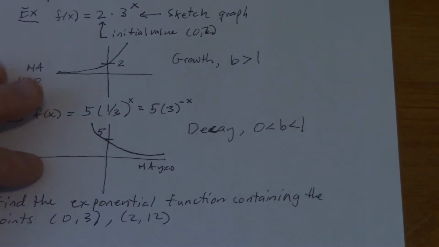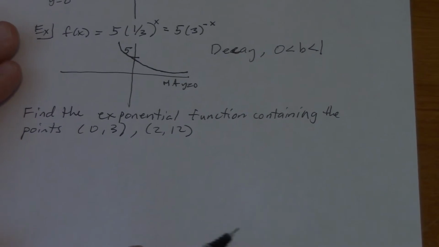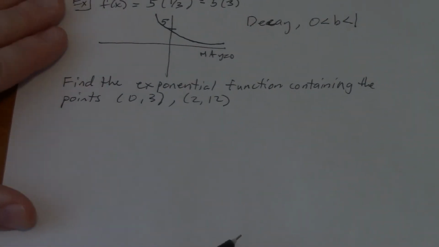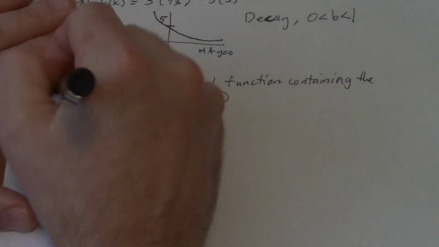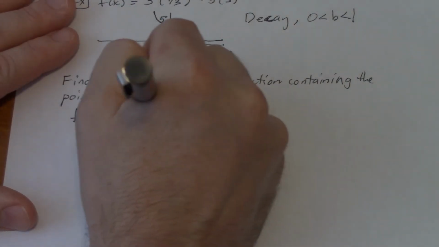Okay, so this is a relatively simple problem, and you may be looking at it and you may already know the answer. So let's talk about what mathematically you need to do to make sure that we understand why it's the answer. So first of all, f of x equals a times b to the x.